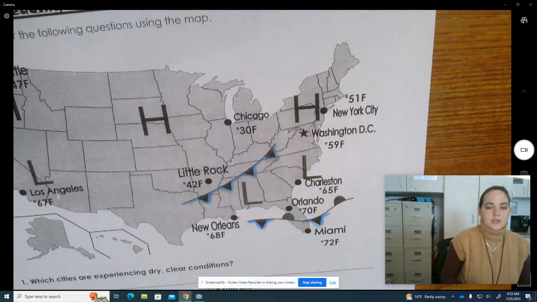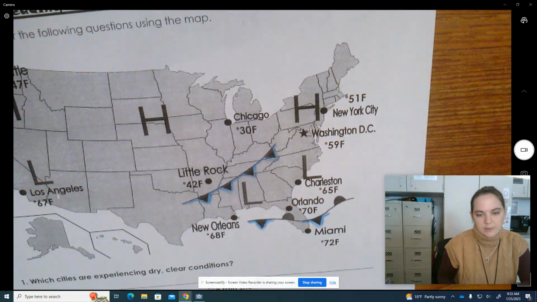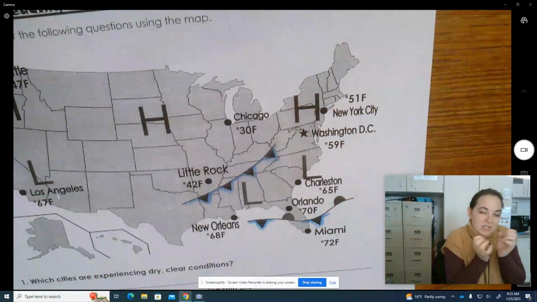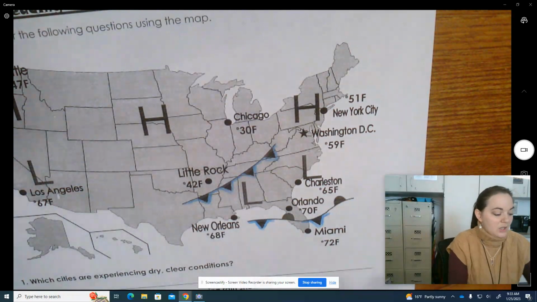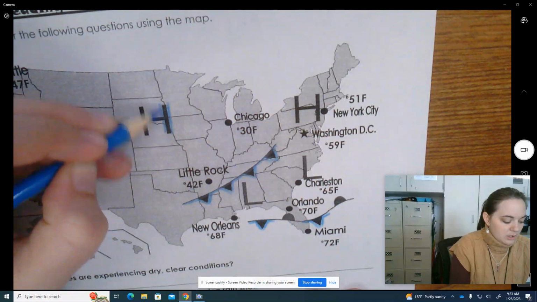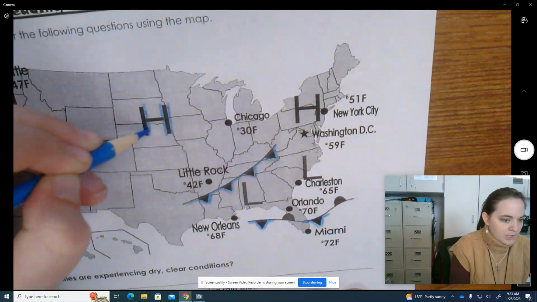Okay, so now we have our high pressure systems. We're going to use the same colored pencil. Remember, high pressure, things are closer together, more dense. That means it's colder. So we're going to use our blue colored pencil anywhere where there is an H. That's for high pressure.